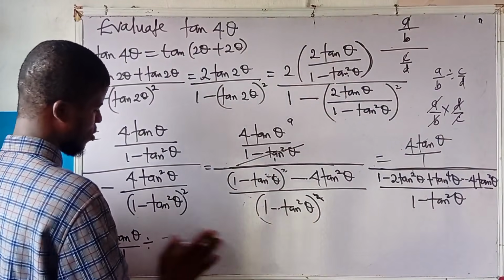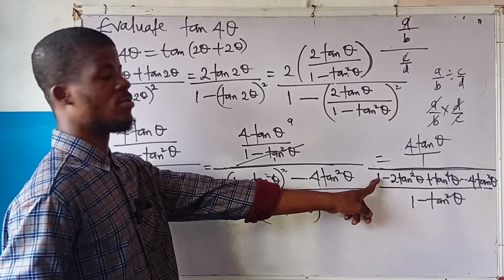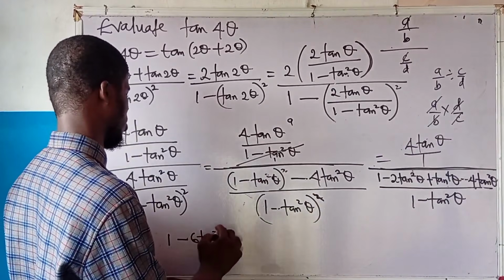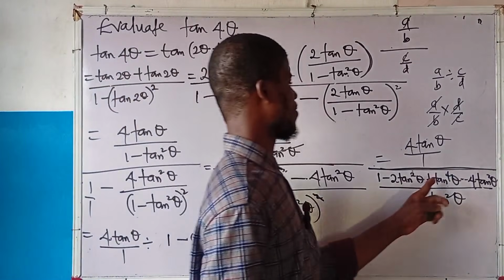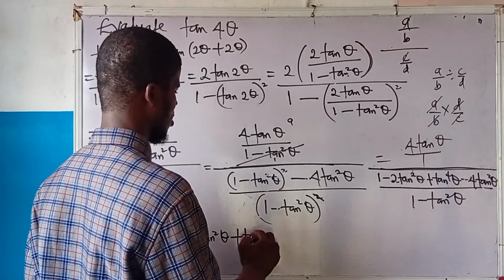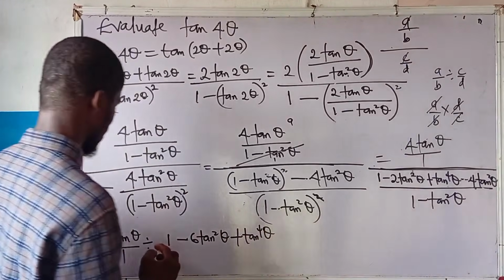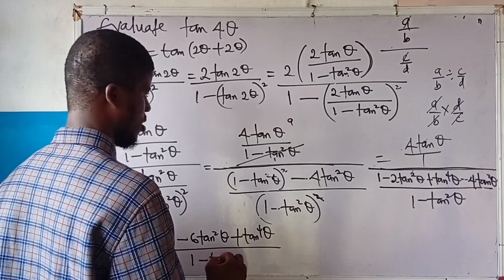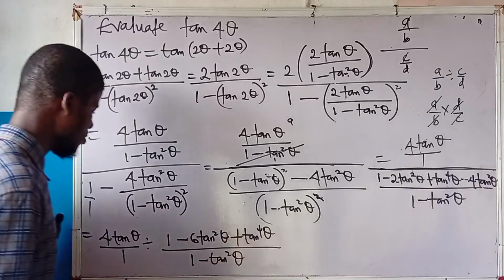Okay, wait, hold on. There's a 1 before, right? So this is 1 minus 6 tan square theta. Then remaining the tan 4 theta, all over what's left under, 1 minus tan square theta.